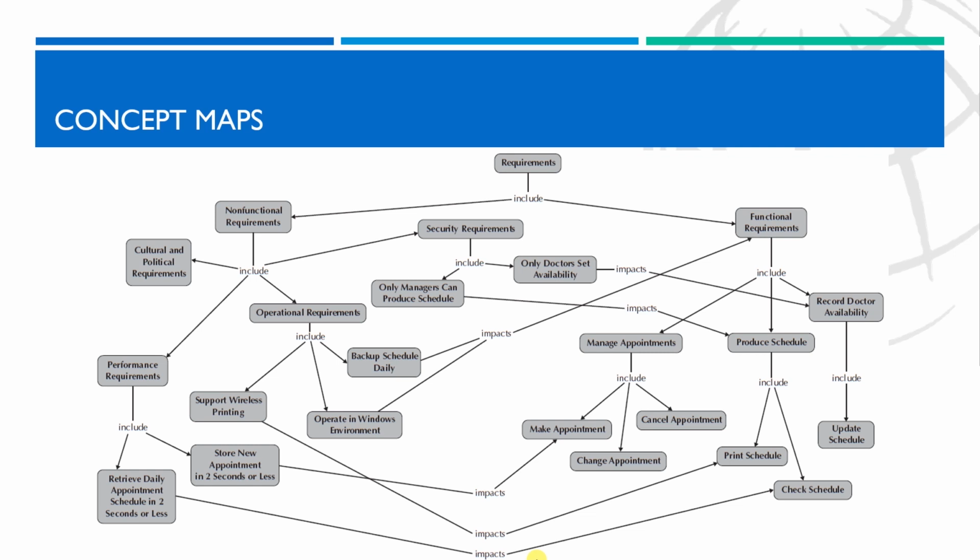However, by combining both text and concept map representation, it is possible to leverage the strength of both textual and graphical representation to more completely represent the requirements. We have an example of a concept map in the slide.